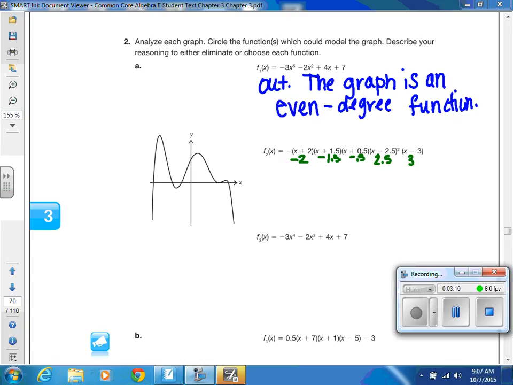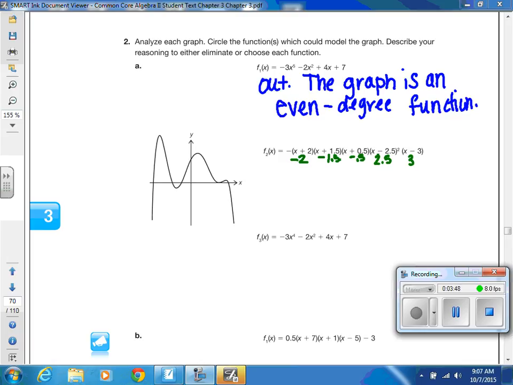I have 3 negative x-intercepts and 2 positive x-intercepts. What's happening with the graph? And one of them right here is a 2, so it's going to actually bounce instead of going through. So I think it could be f sub 2. Everything matches.